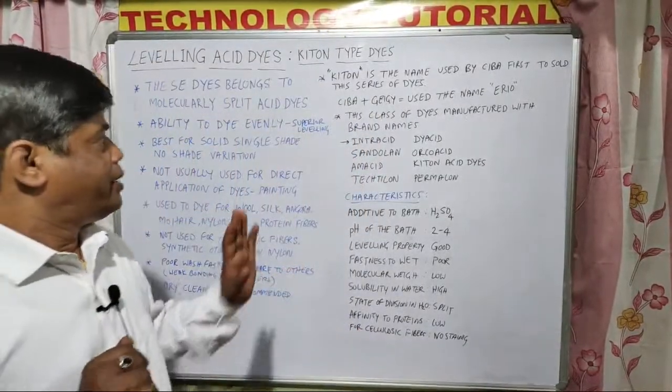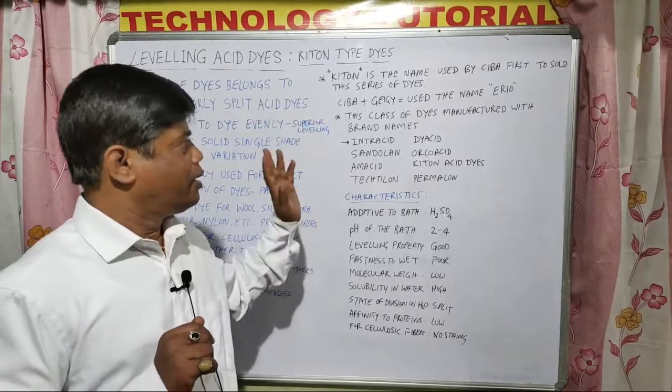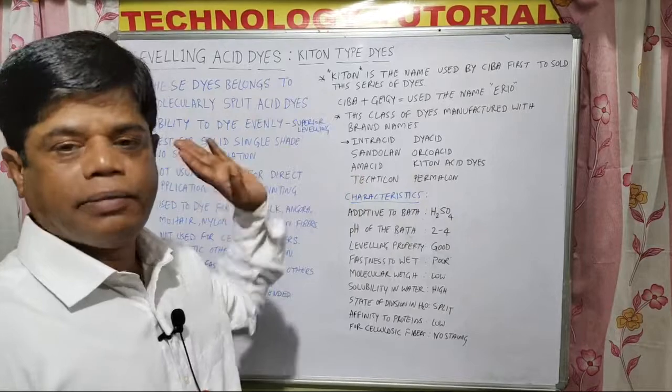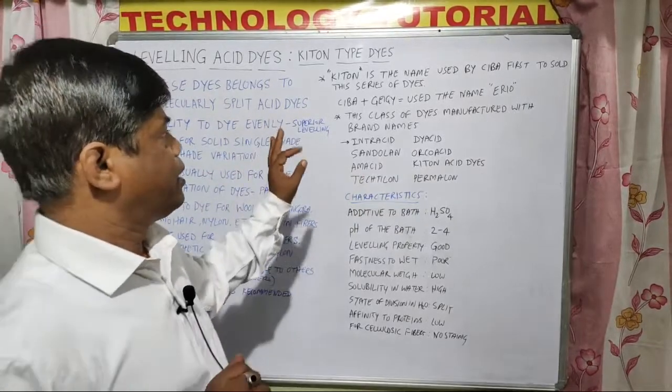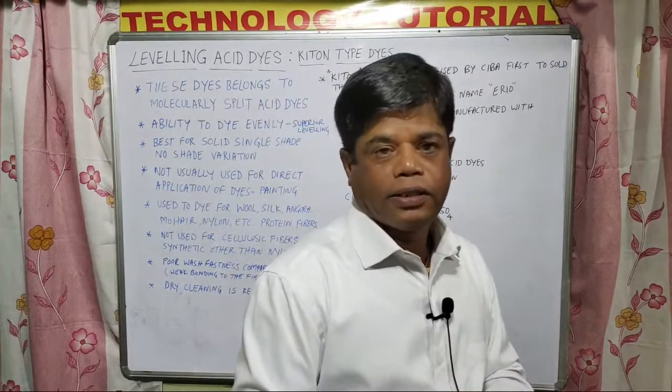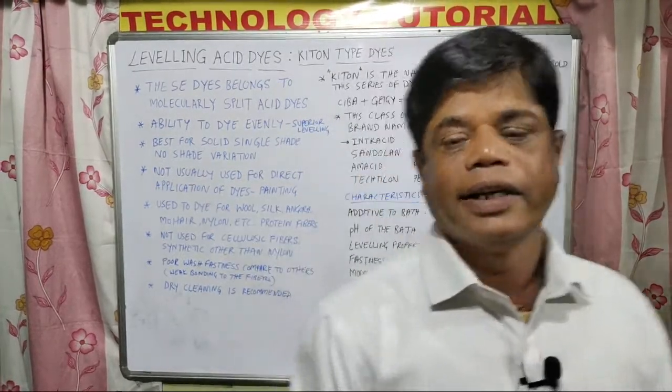Now I'm coming to the trade names. Already told, Ciba used the name Ketone when it manufactured this kind of leveling dyes.